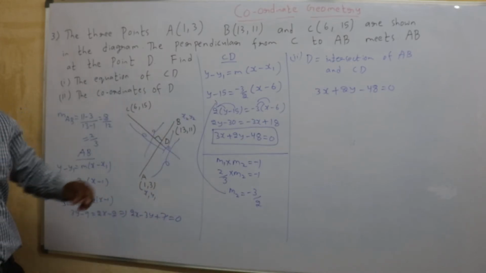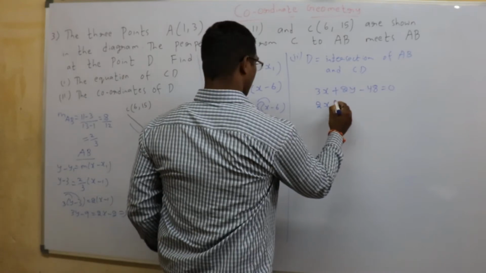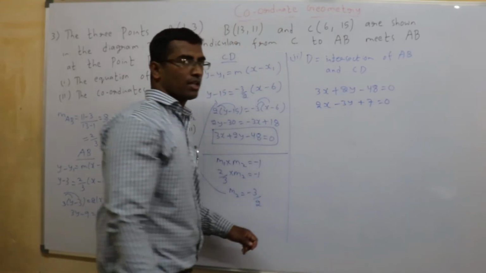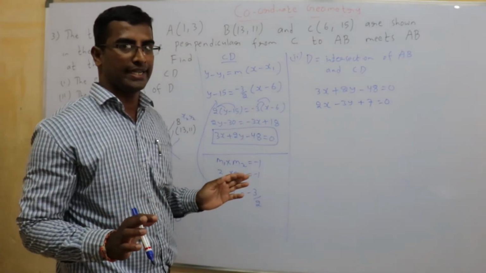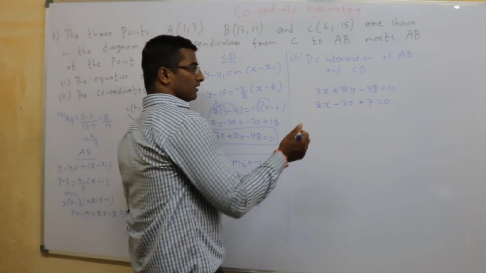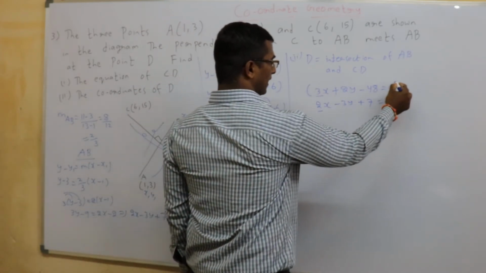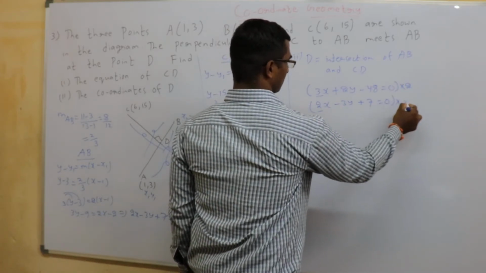Place this over here. So it is 2x minus 3y plus 7. Now if I solve these two equations, I get D. Now to do that, here 3, here 2. To make the numbers same, I am multiplying this by 2 and this by 3.